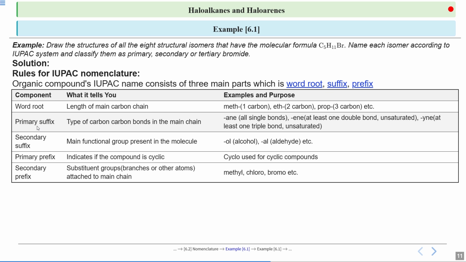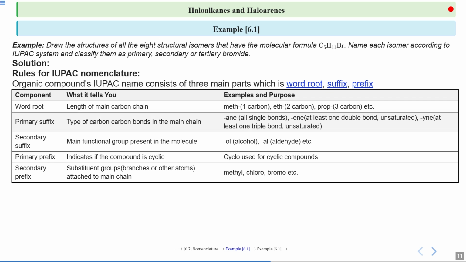Next is the primary suffix. What does it mean? It tells you the type of carbon-carbon bonds in the main chain, like whether the carbon-carbon bond is a single bond, double bond, or triple bond. So what type of carbon-carbon bond is present in the main chain, you also have to consider in the organic compound's IUPAC name. For example, ane we use for all single bonds.